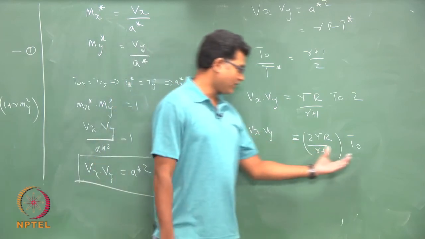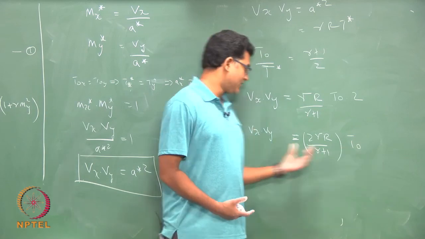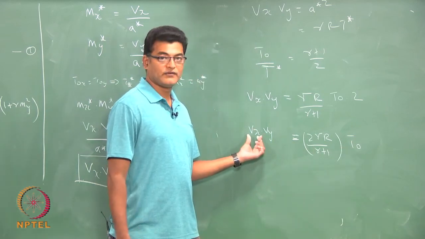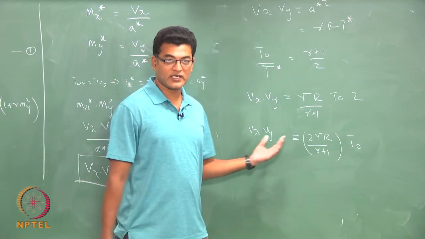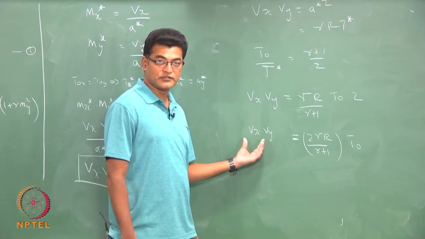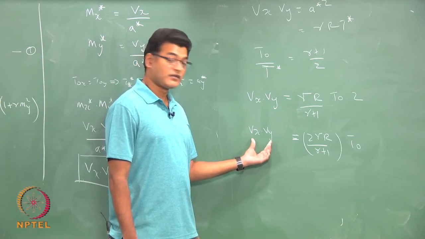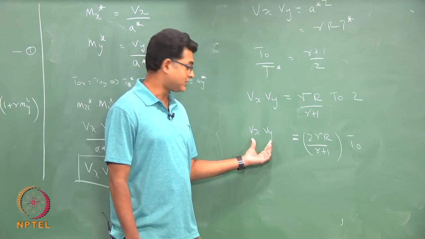Okay. So if you see this as your total enthalpy change, then your V square is also the kinetic energy. Now kinetic energy is lost here during the irreversible process of shock.